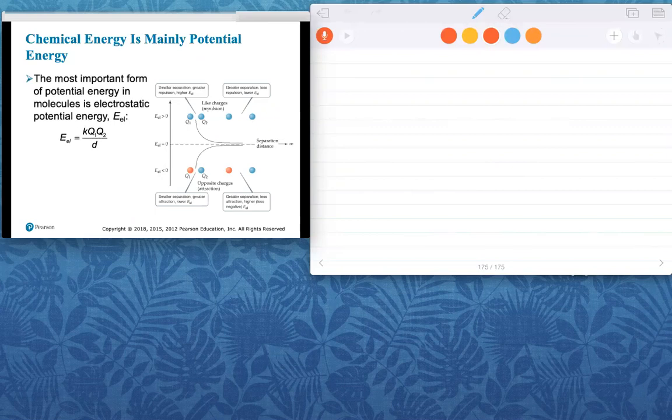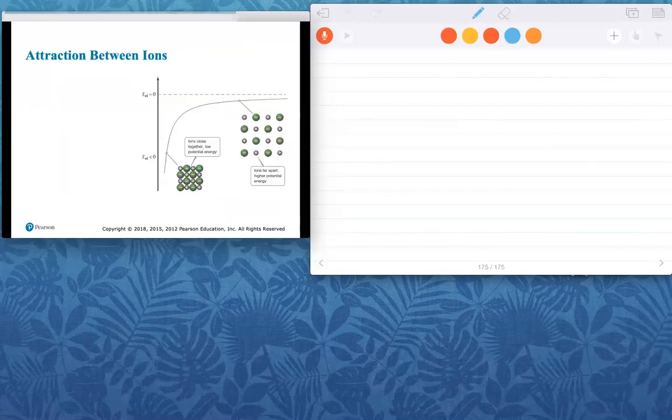I'm not going to ask you to calculate the electrostatic potential when we talk about potential energy. It is just proportional to the charge, the force of attraction between two charged species, and inversely proportional to the distance between them. I won't go into detail on the calculation of electrostatic potential.